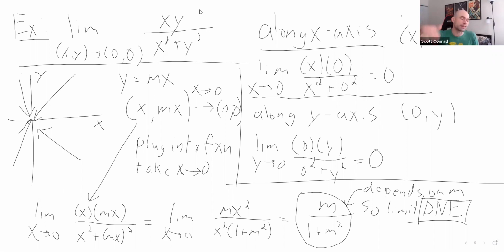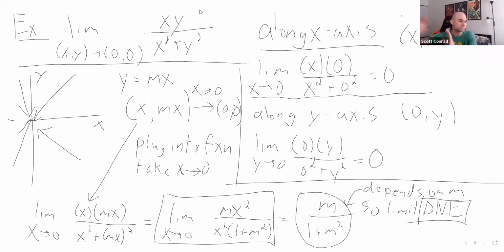So you're thinking of the limit as x approaches 0 of 0 over 1 plus x squared. That would indeed be 0, but this is the limit when we plug in y equals mx and x equals x, and we're taking x to 0. And so we can cancel x squared top and bottom. The limit is m over 1 plus m squared, but m is just some constant, right?